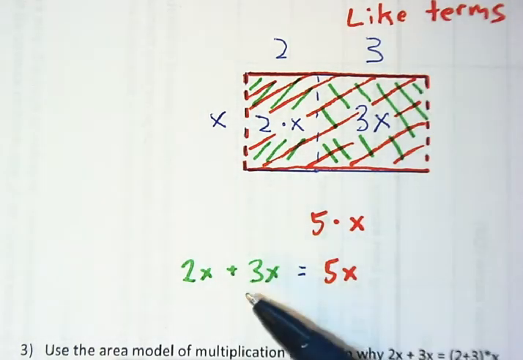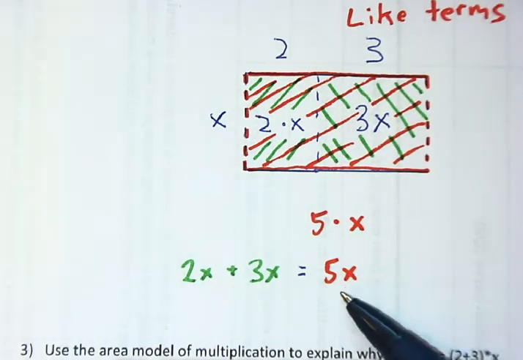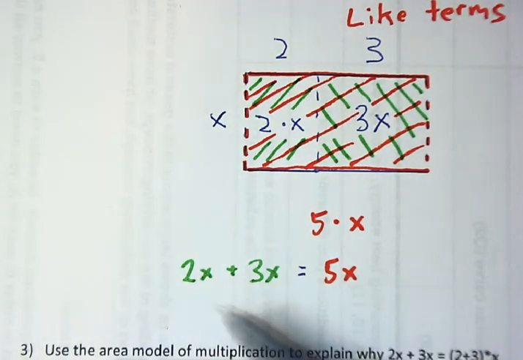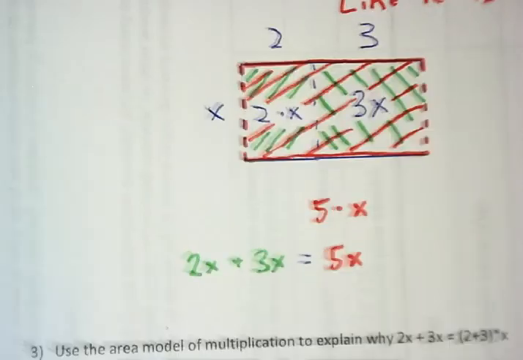Since the area for green and area for orange are the same, I know 2x plus 3x equals 5x. And this is the area model for multiplication, a way of thinking about multiplying.